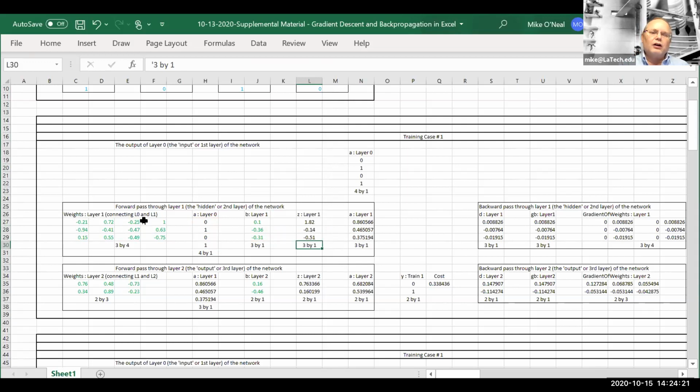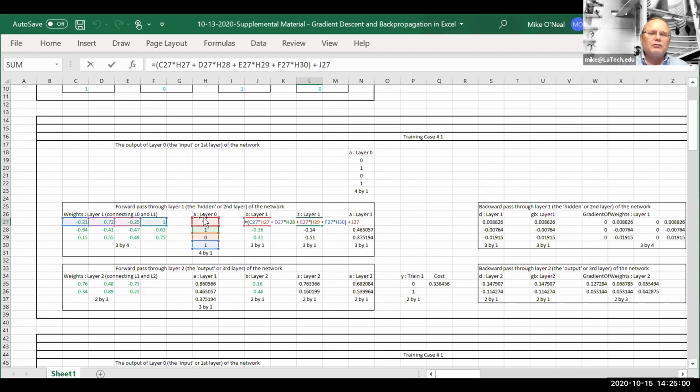Because I've told you it's a weighted sum, a row times the column plus the bias gives you Z. So the weighted sum of the inputs plus the bias gives you the Z.